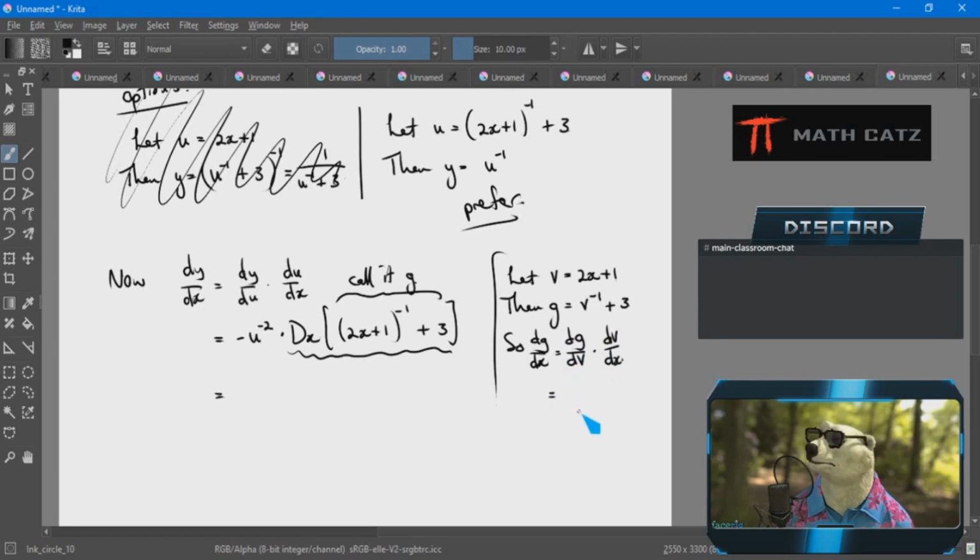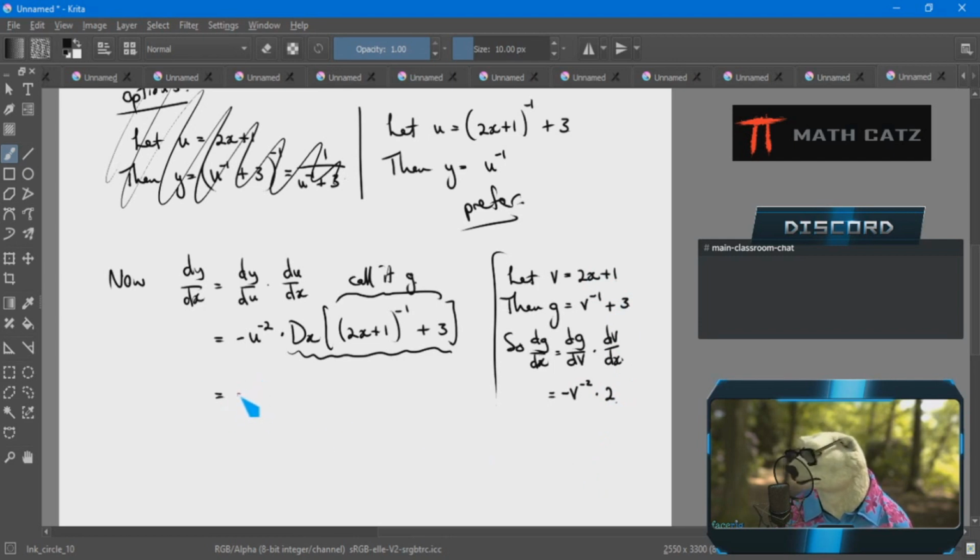I don't know if I have space for this. I might. Derivative of G, it's basically the power rule, right? There's a sum property and a constant property, sure. But all that's left is really the power rule. Times derivative of the V function, 2. I'm now ready to put this in.